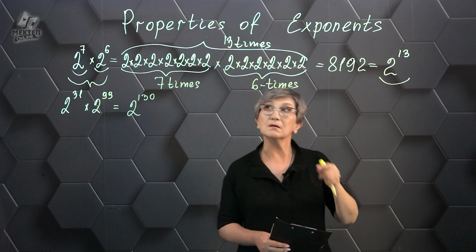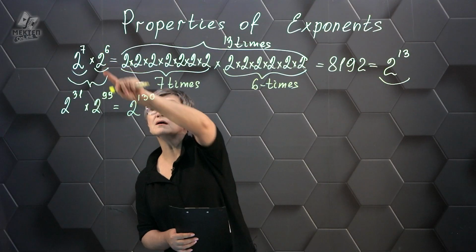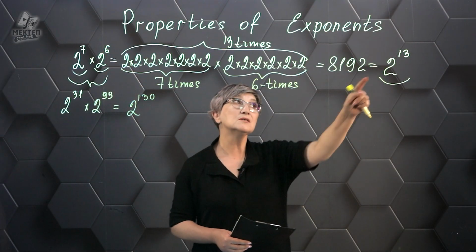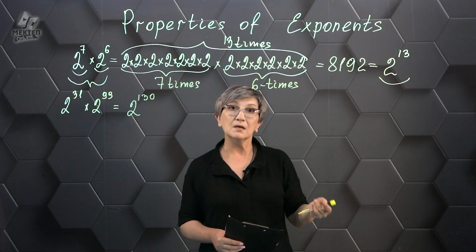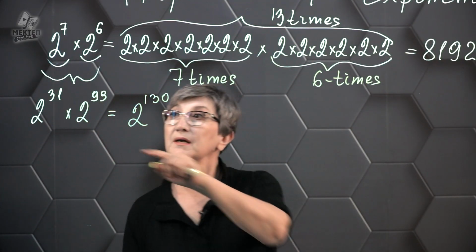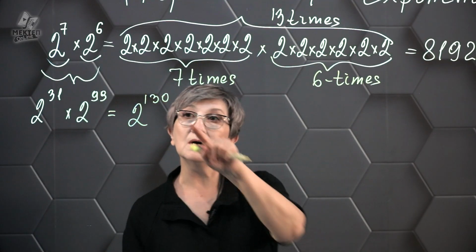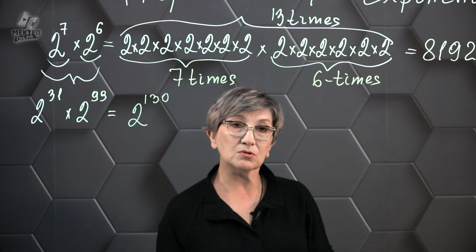What did I do? I added the 7 and the 6. The result is 2 to the power of 13. Let's see if I found the answer in the second example. 2 to the power of 31 times 2 to the power of 99. I got 2 to the power of 130.